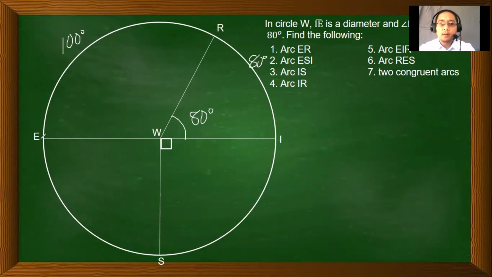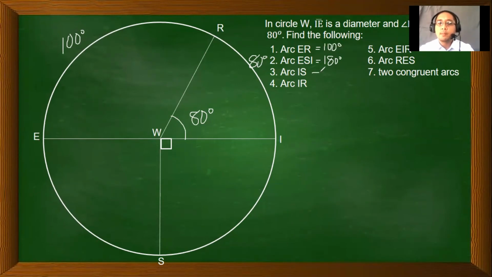So if you connect all the points, arc ESI, we create a semicircle. So we can directly place a measurement for that given problem as 180 degrees. What is the reason? We can directly place a reason that the problem is a semicircle.